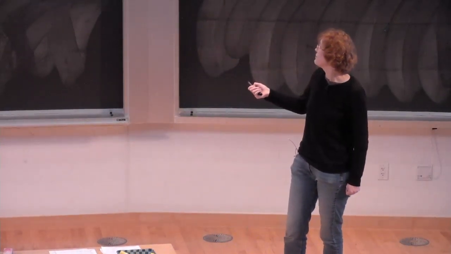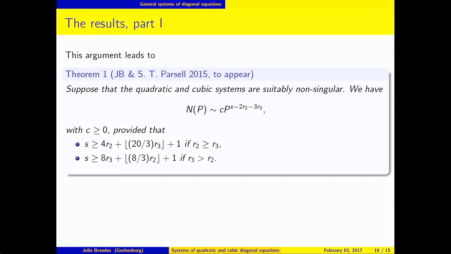And, well, the same methods also work if you have more cubics than quadratics. Then you get 8 times the number of cubics and some correspondingly smaller number here. It also works for any kind of system with any kind of configuration of degrees. It just gets ugly to write down.